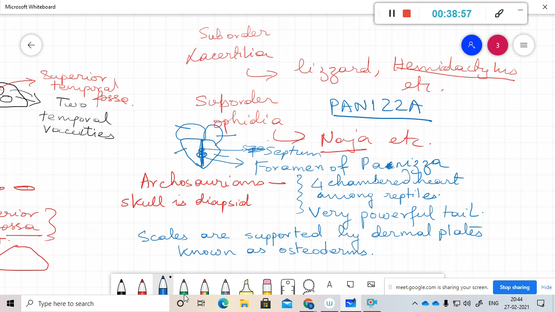Foramen of Panizza. A one mark question comes.